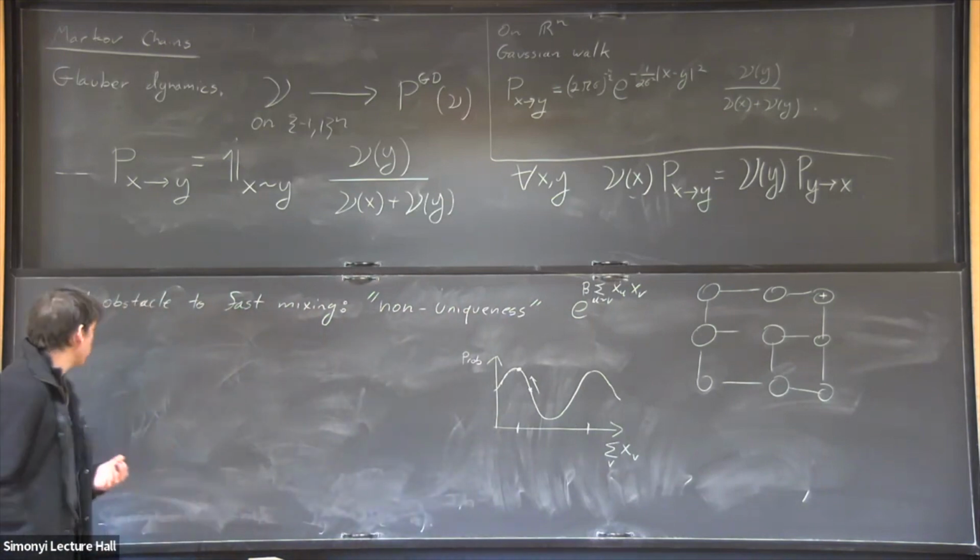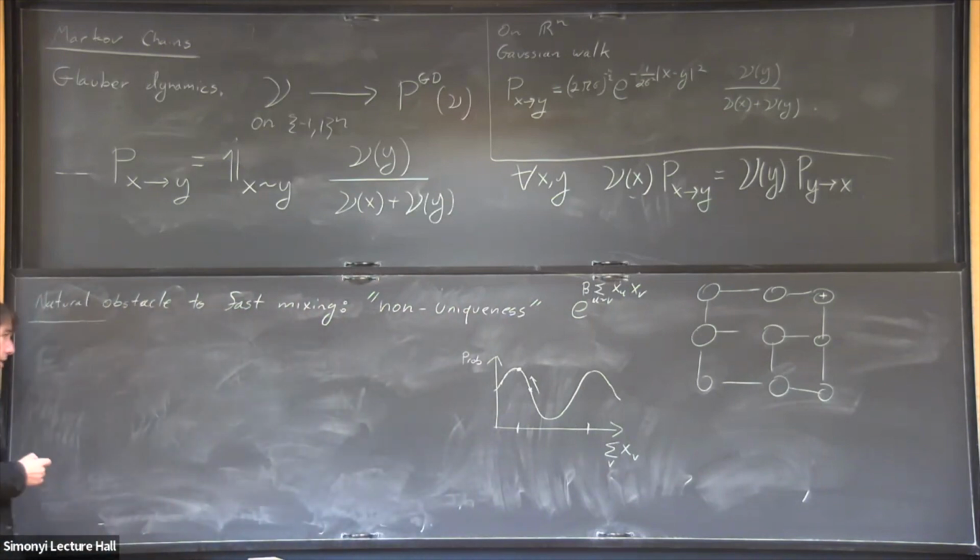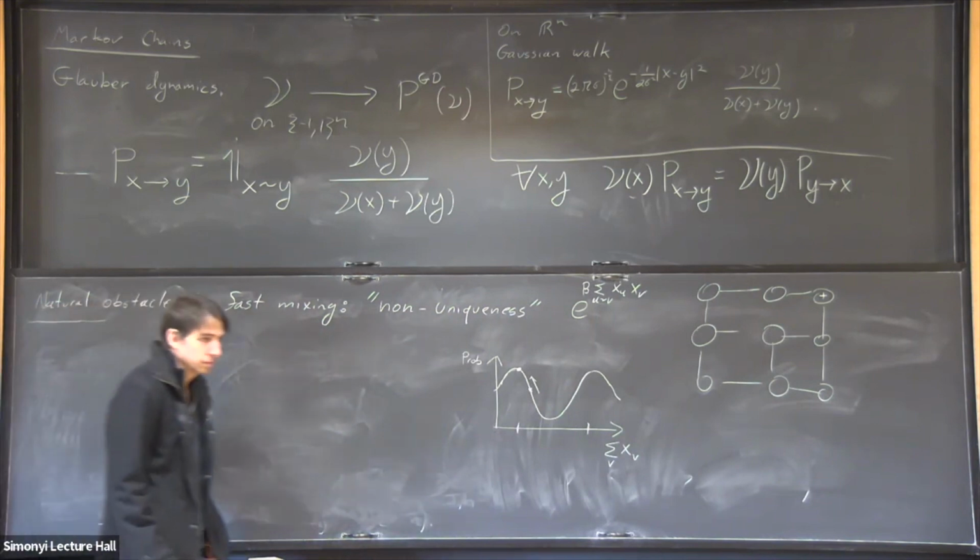So maybe just one more comment to Lior's question. If you look at this graph, one way to see that it takes exponential time between one side and another is to think about this one-dimensional picture: you have a random walk on the line, and it is biased.